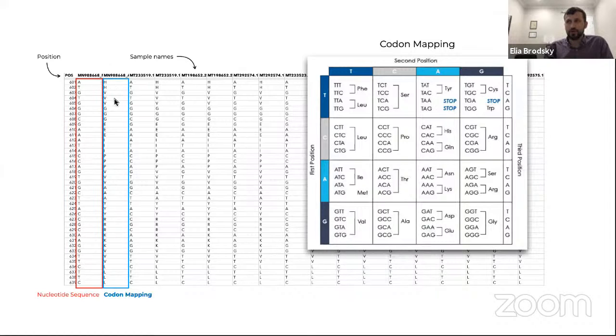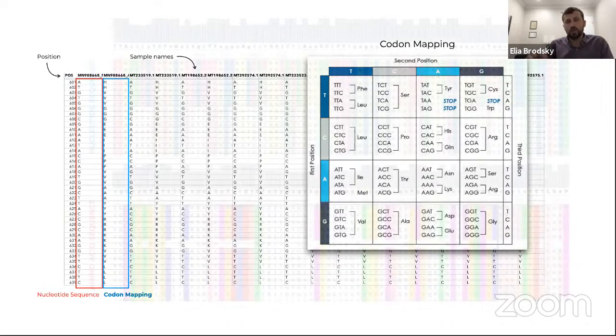So you will have a 3-letter for each one of your letters here. So that means that these 3 make this one amino acid. And this codon mapping follows specific rules. So we know what types of amino acids are coded by what types of codons. And there could be a lot of variation, right? So there could be a lot of different changes there.